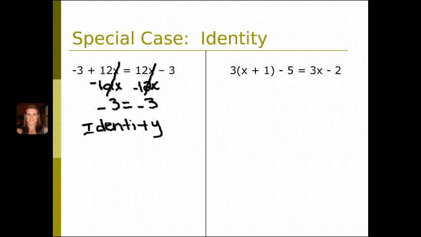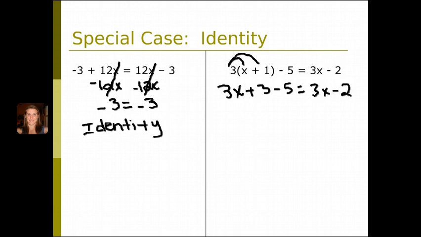All right, so first thing to think about, do I have anything to distribute? Yes, so let's go ahead and do that. So we've got 3x plus 3 minus 5 equals 3x minus 2.